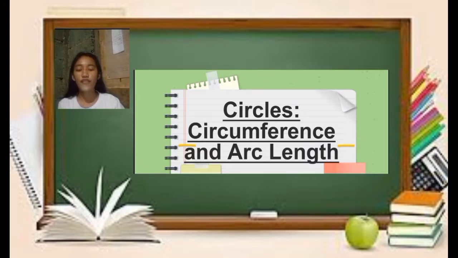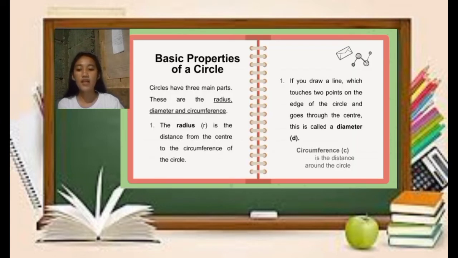So we do not go deeper about circle because we merely focus on the circumference and the arc length of a circle. Let's proceed to the basic properties of a circle.